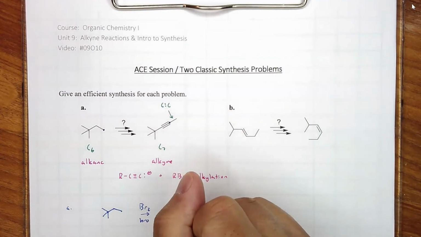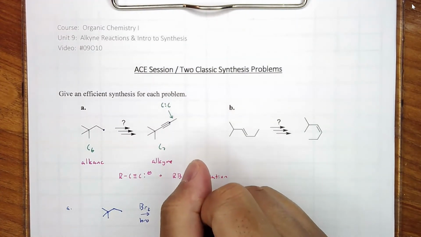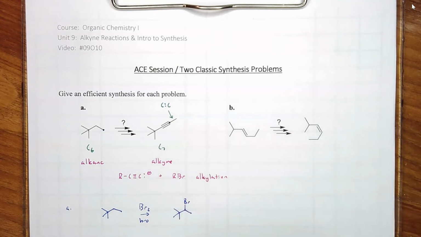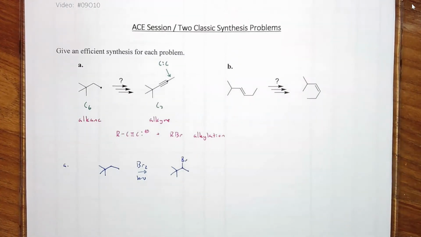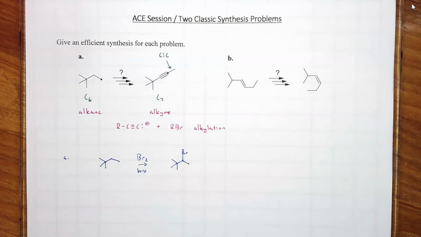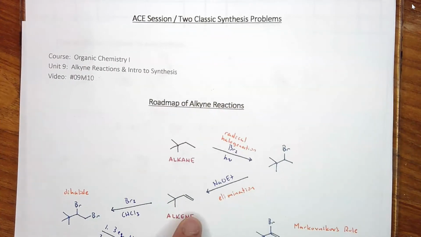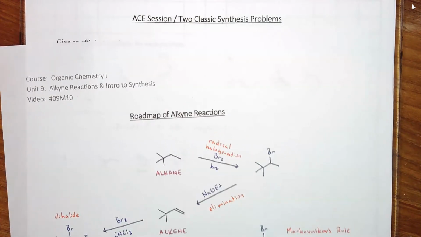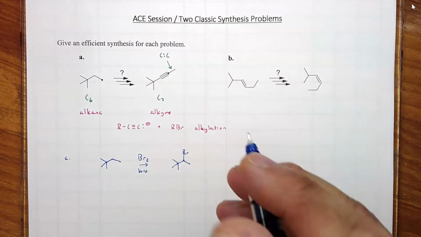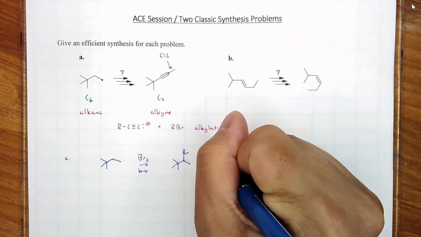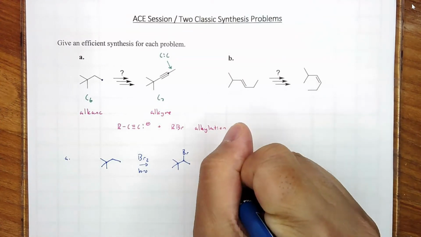And here we have bromination on the secondary carbon. The next step is to make the alkene through an elimination. And I like to use NaOEt as the strong base.